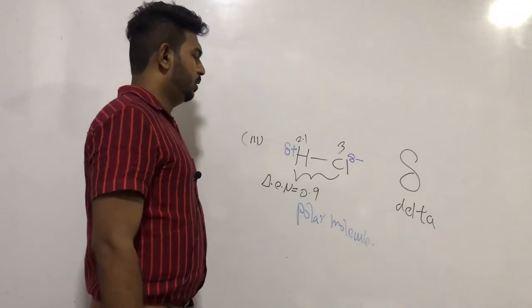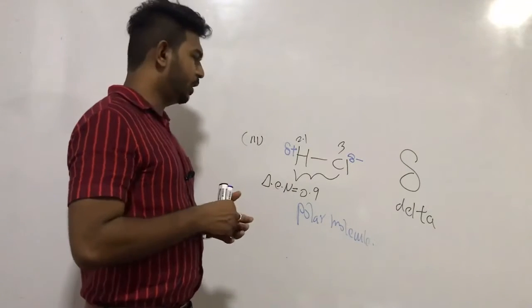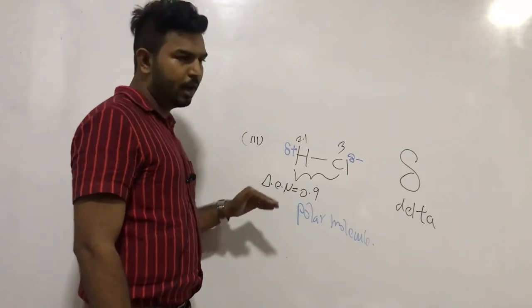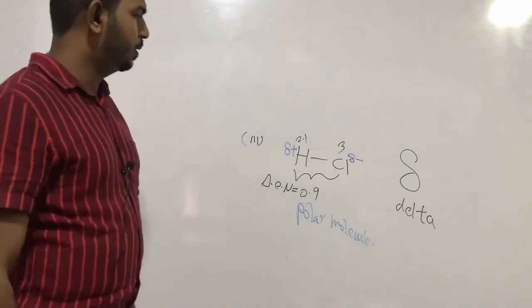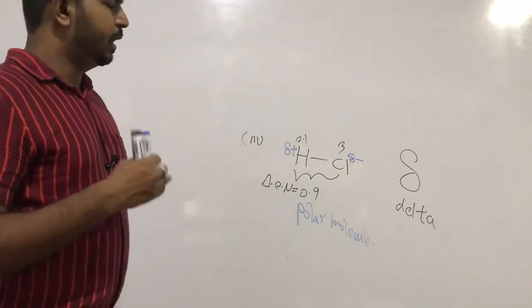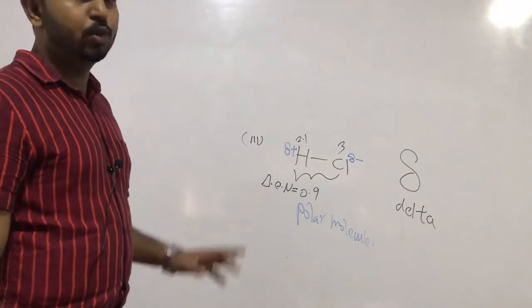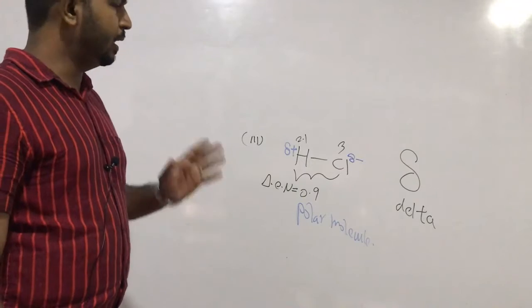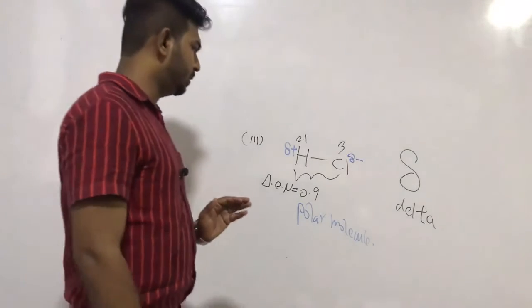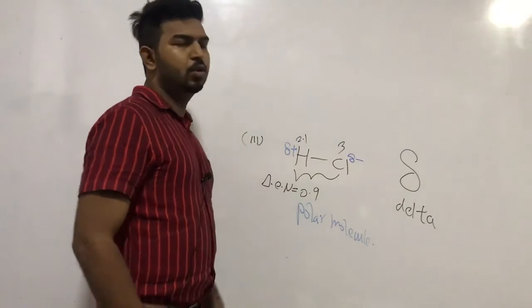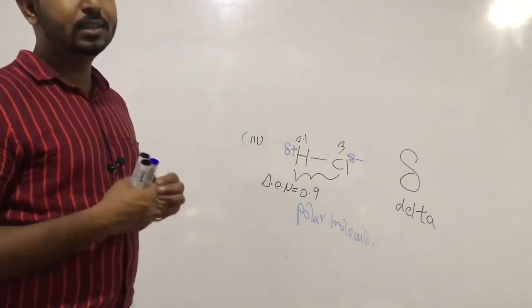So, since delta EN is 0.9, write below: there is an electronegativity difference between these two atoms.